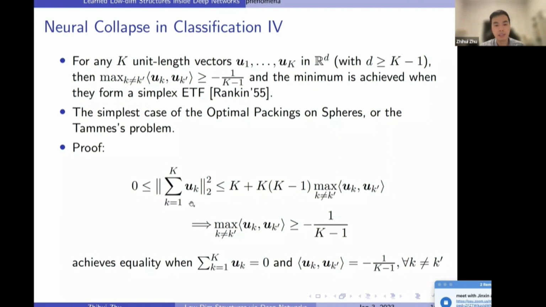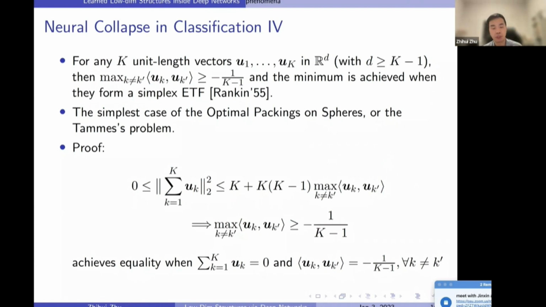We look at the sum of these k vectors, and we look at its energy, in terms of the square of the L2 norm, which we can expand as k plus k squared times the inner product between each pair. By this simple argument, we can show that the maximum correlation between any pair will be larger than or equal to -1 over k minus 1.